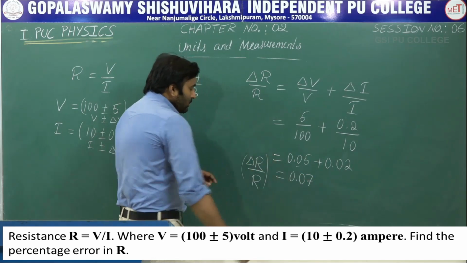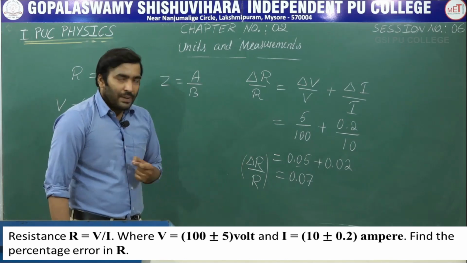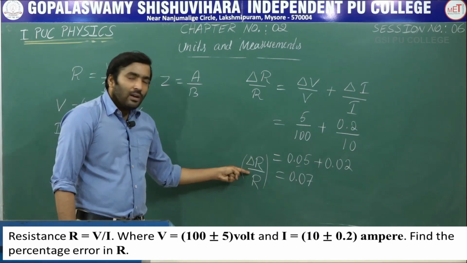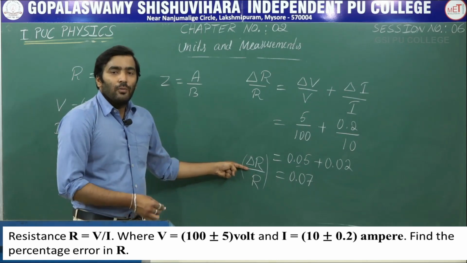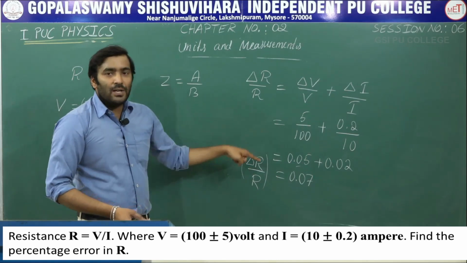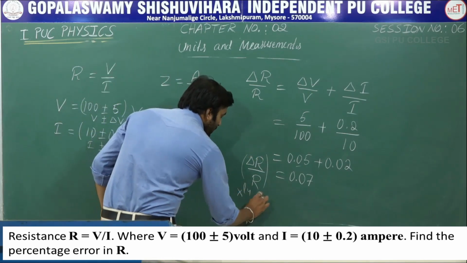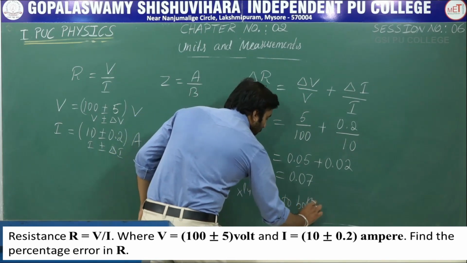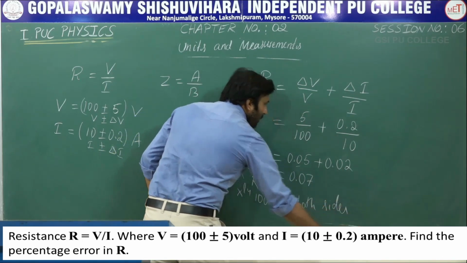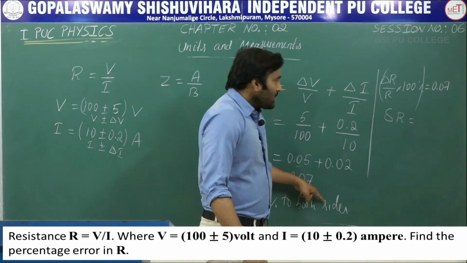Now, they have asked you to find the percentage error. You know what is percentage error? If the relative error is expressed in percentage, that becomes a percentage error. Means you need to multiply 100% to both sides. That's it. So multiply 100% to both sides.